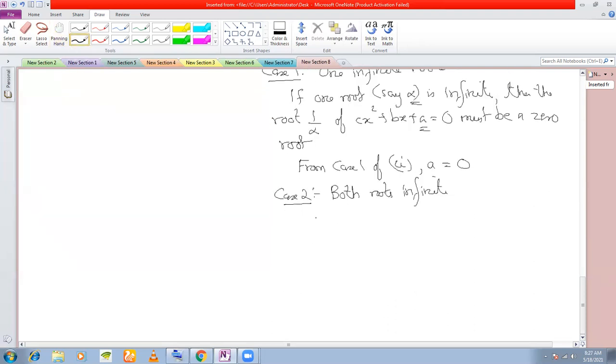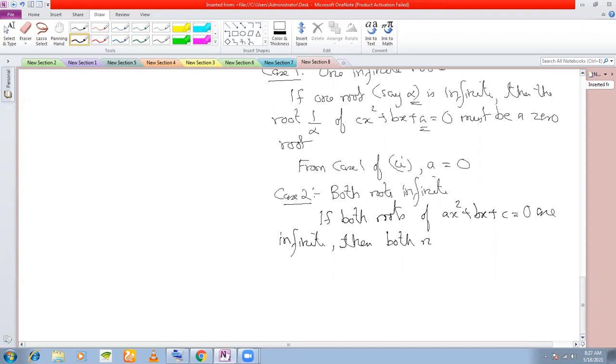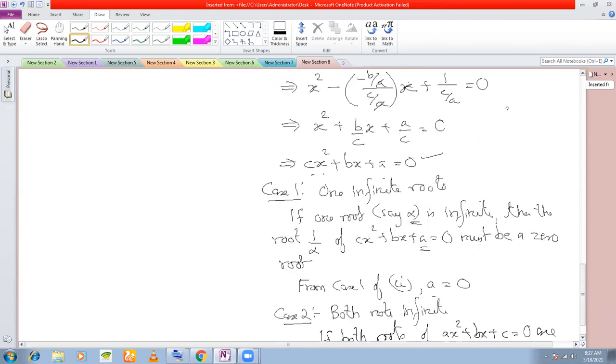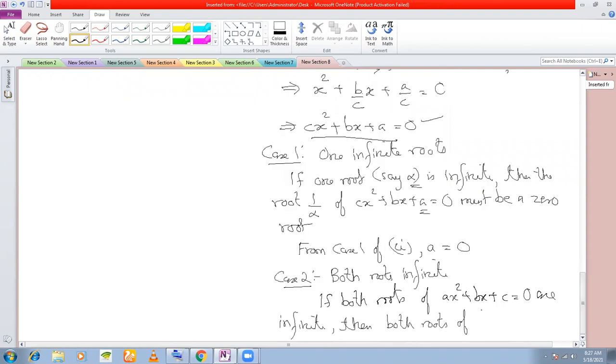So if both roots of ax square plus bx plus c equal to 0 are infinite, then both roots of this equation that we have found out, cx square plus bx plus a is equal to 0, what can you say?